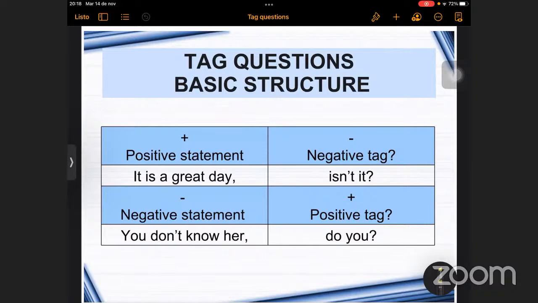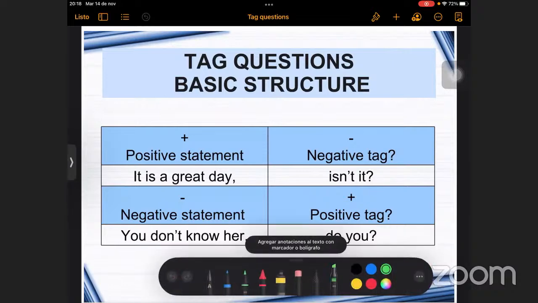Okay. Well, this is the structure to make a tag question. Listen, we can have two types. Very simple. We can have two types of tag questions, okay?